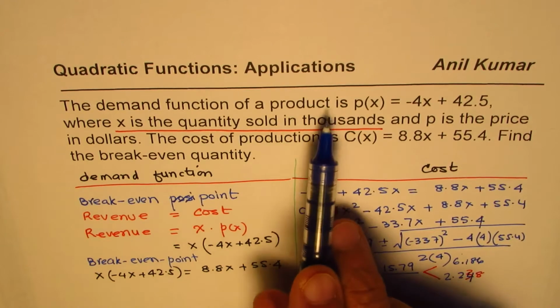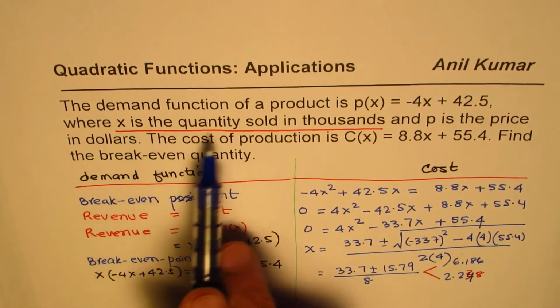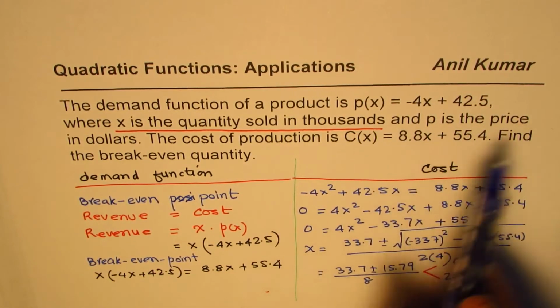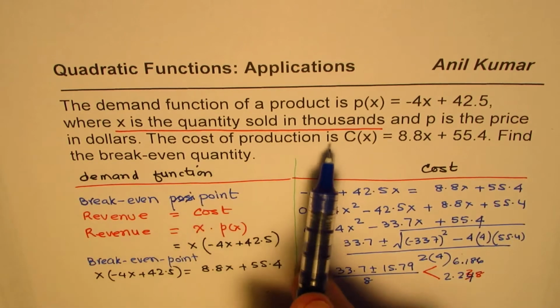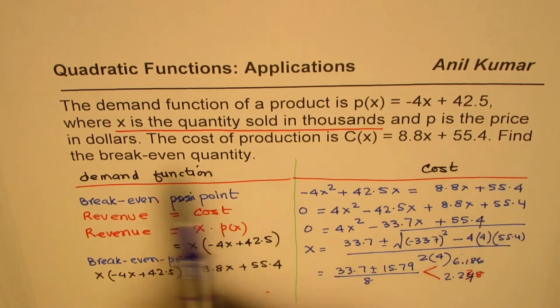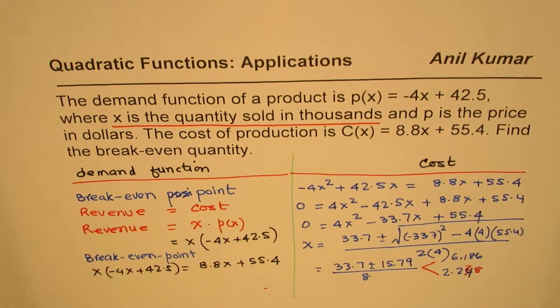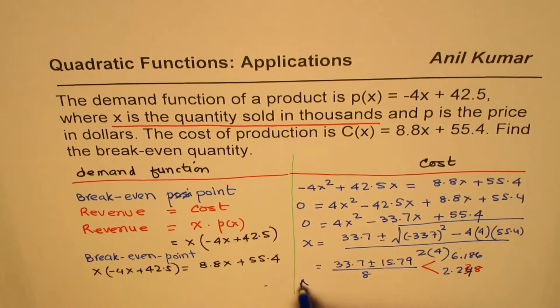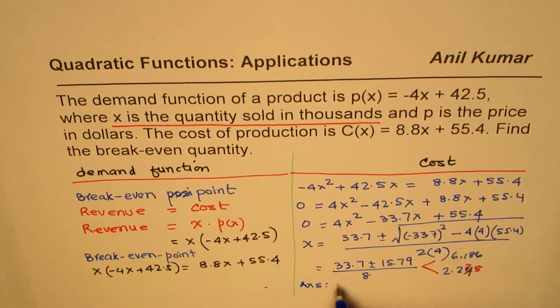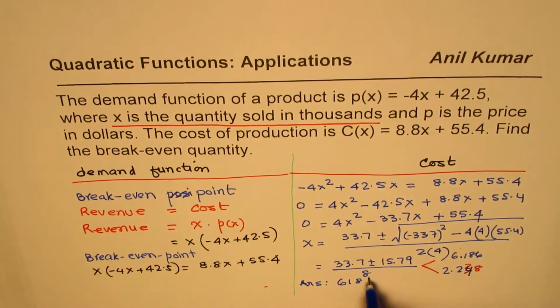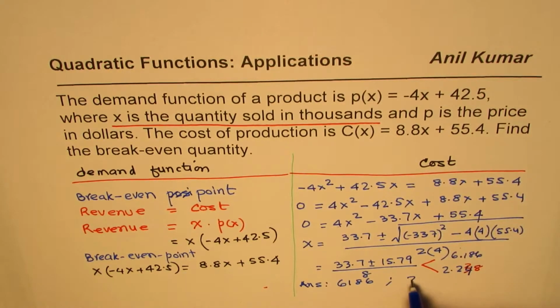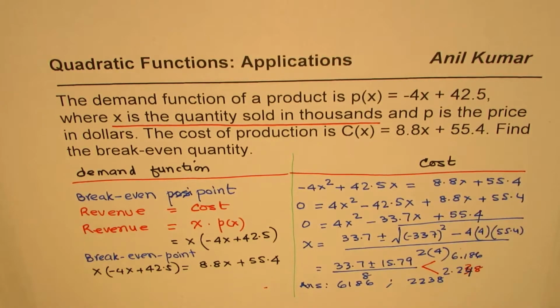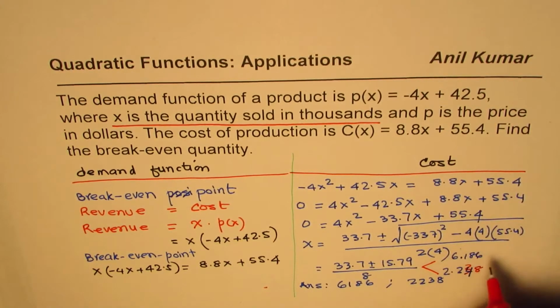The question says x is the quantity sold in thousands, P is the price in dollars, cost is of course in dollars, find the break-even quantity, right? So for the break-even quantity we have two options: either 6186 or 2238, multiplying each by 1000, since x is in thousands.